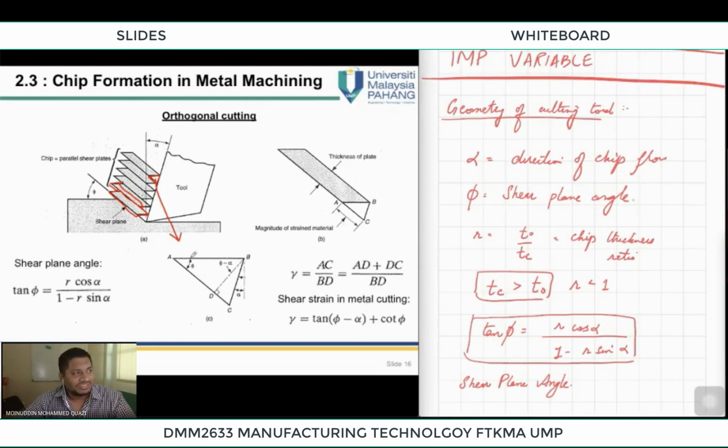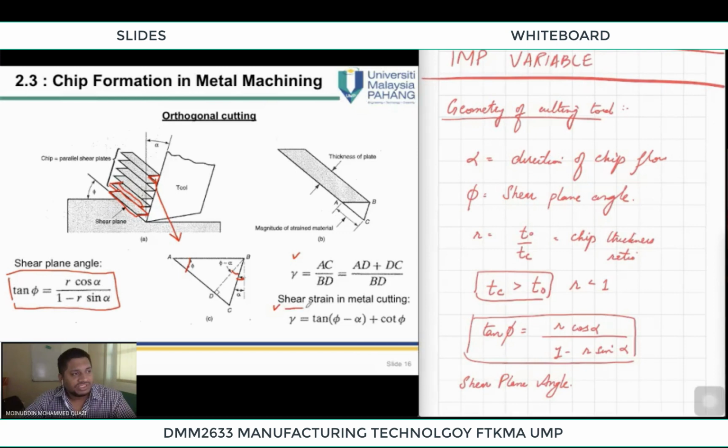As you can see, this is the phi angle. This is the rake angle, alpha. And using triangular laws, they calculated this is phi minus alpha. So using all of these equations, they came up with the shear plane angle: tan phi is equal to R cos alpha whole divided by 1 minus R sin alpha.